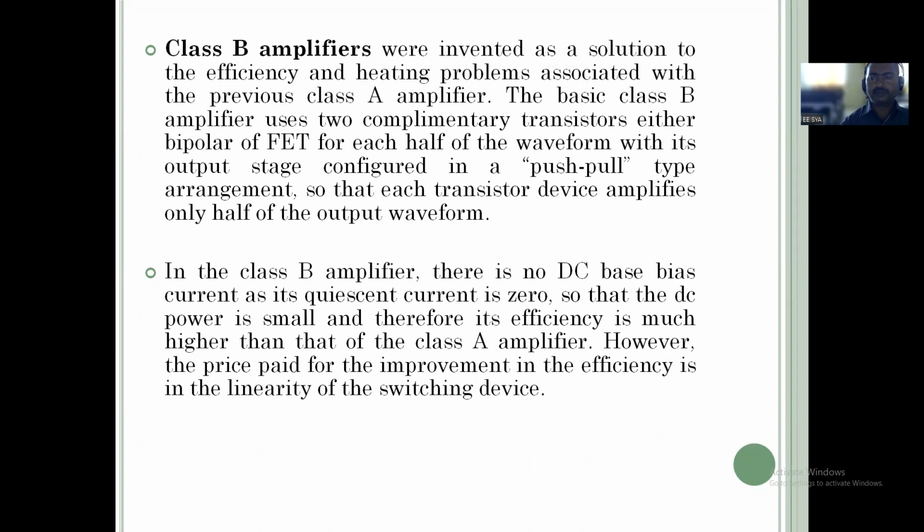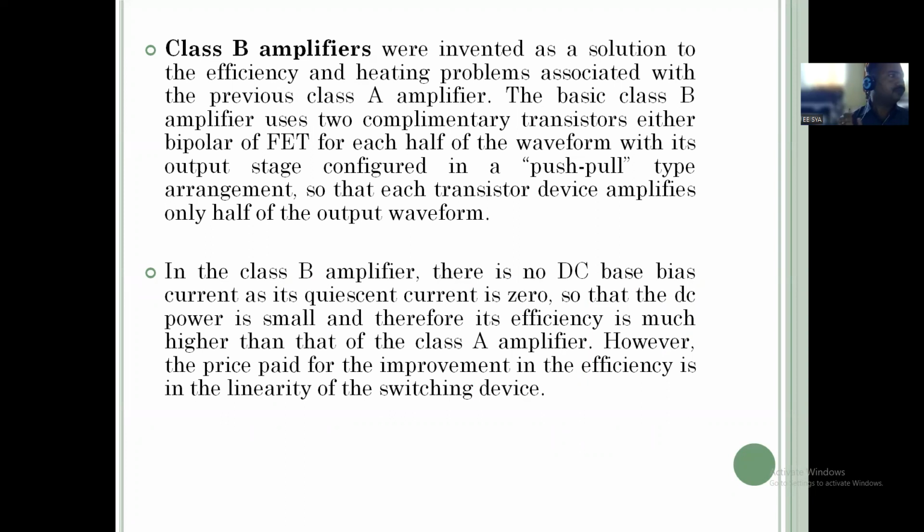Due to that, we need two transistors for the operation. So the burden that comes on one transistor in class A does not come in class B, but it has to use two complementary transistors.